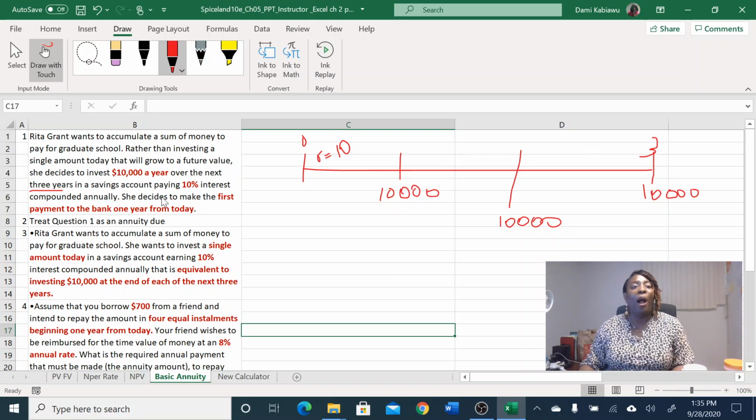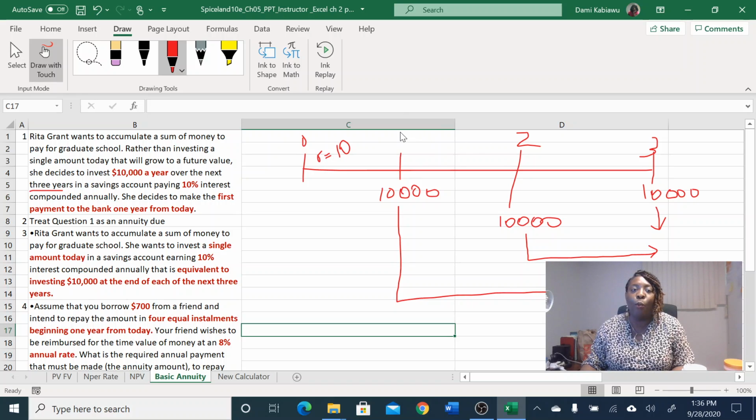We want to know how much she will accumulate at the end of the 3 periods. What we want to do is calculate the future value of each and every one of these payments. The future value of the 10,000 in year 3, add that to the future value of this 10,000 that will grow for 1 year from year 2 to year 3, and we're going to add that to this 10,000 that will grow for 2 years.